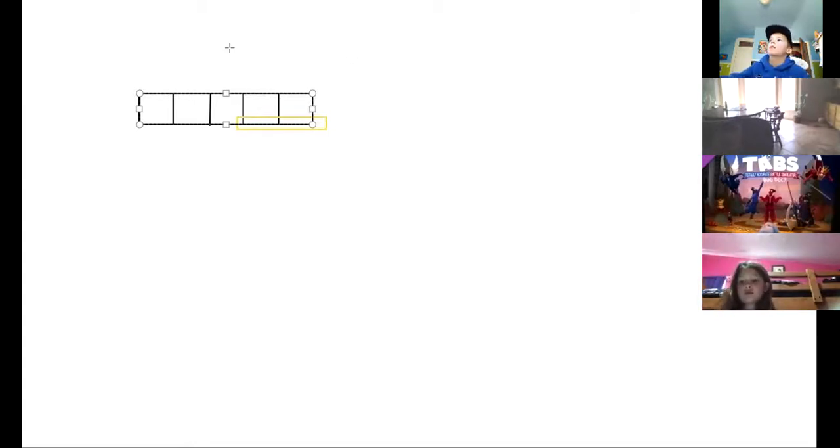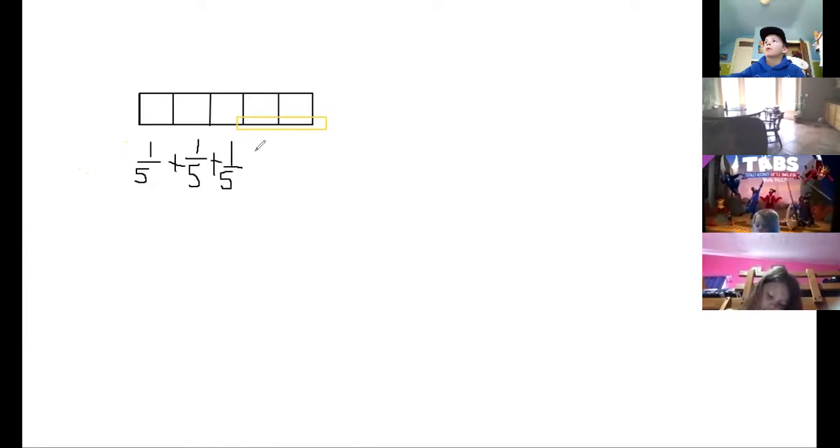So underneath that first bar that you see, it says divide into 5 equal parts, right? Each one would be 1/5 plus 1/5 plus 1/5 plus 1/5 plus 1/5.